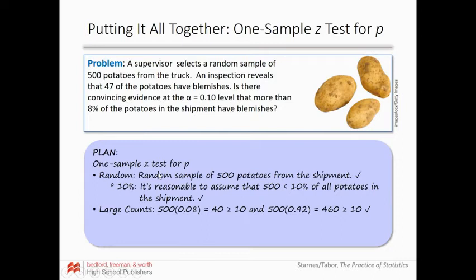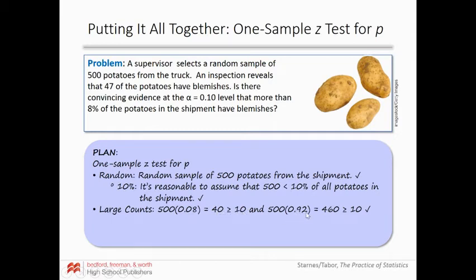Random: a random sample of 500 potatoes from the shipment. The 10%: it's reasonable to assume that 500 is less than 10% of all potatoes in the shipment, so the shipment's going to have more than 5,000 potatoes. And the large counts: 500 times p naught, which is 0.08, is equal to 40, which is bigger than 10.